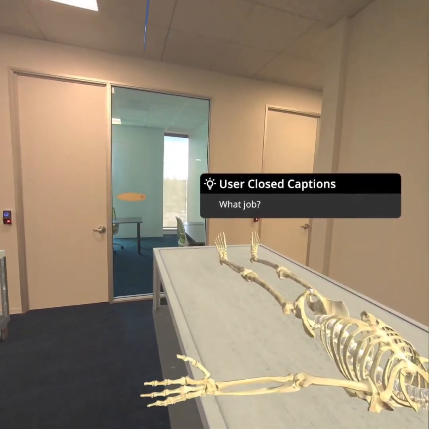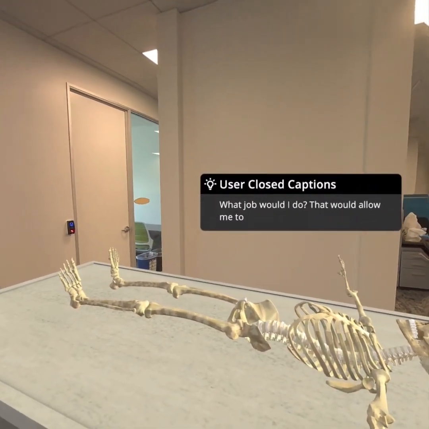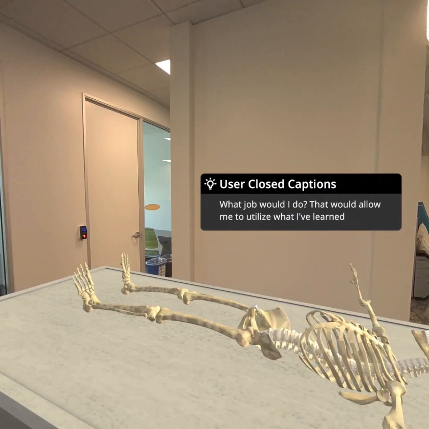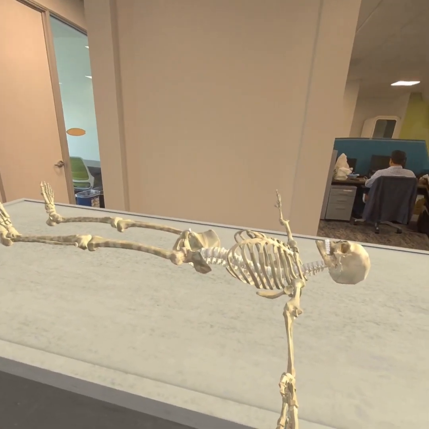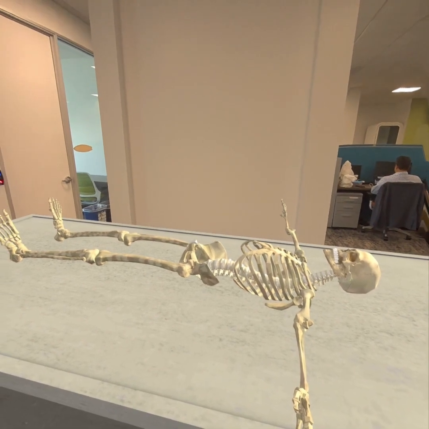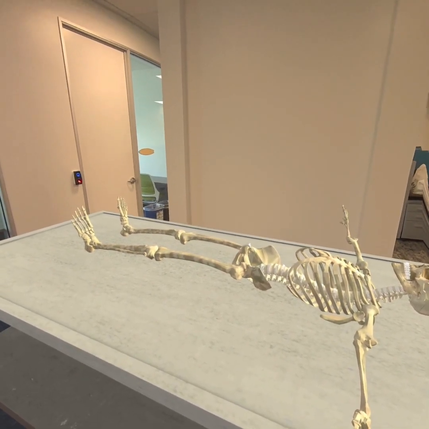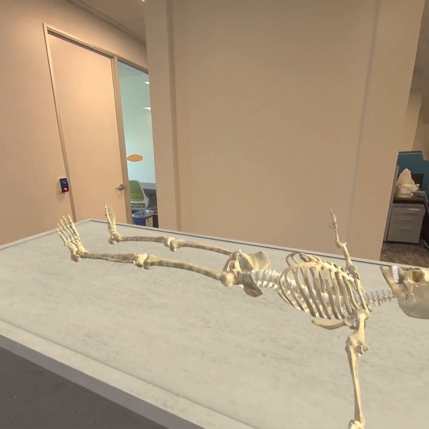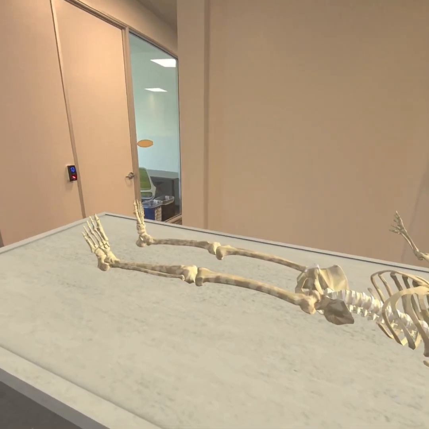What job would I do that would allow me to utilize what I've learned here? The knowledge and skills you've acquired here can be incredibly useful in several fields. You could become a medical professional like a doctor or nurse, where understanding the human anatomy is crucial.